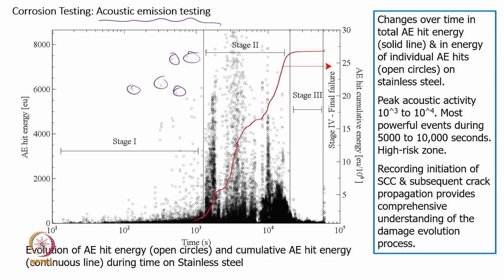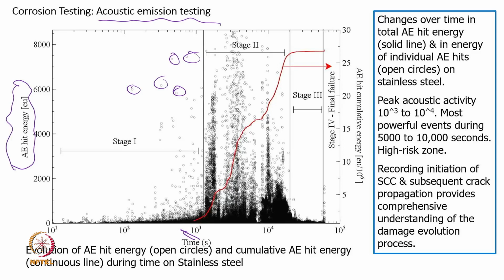You can see that the red line is going from starting almost at 10 to maybe 1000 seconds, and it is continuously increasing. So, almost at 100,000 it is indicating the rupture stage, and this is what we say: the acoustic emission hit energy has been continuously increasing from 1000 seconds to 100,000 seconds. This has been shown in this case.